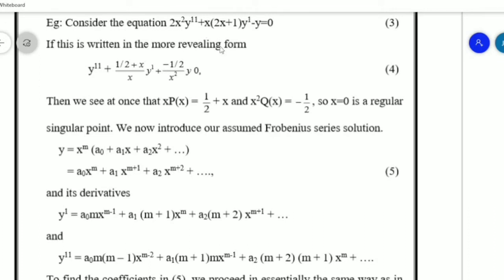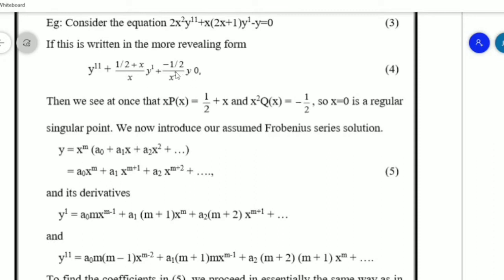So write down the equation in the general second order differential equation form, y double dash plus p of x into y dash plus q of x into y equal to 0. Here x equal to 0, this p of x and q of x are not analytic, since they are not defined there.